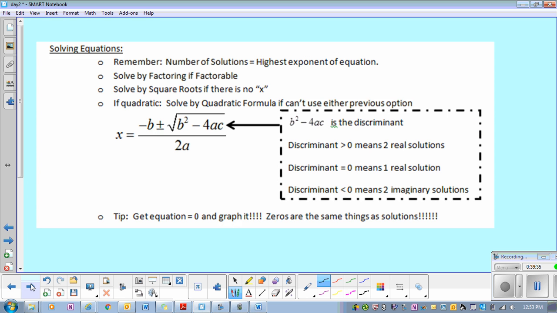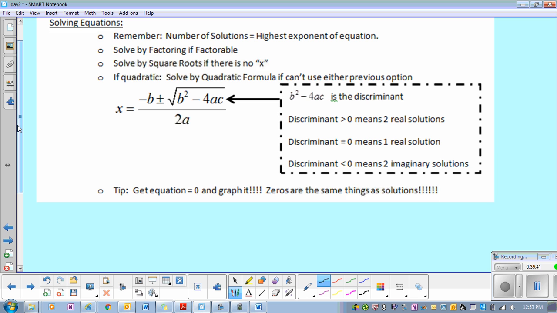So, solving equations. It's a good thing that we actually did a quadratic formula problem during Stinger. So remember, when you're solving quadratic equations, this is not for all equations, it's for quadratic equations.